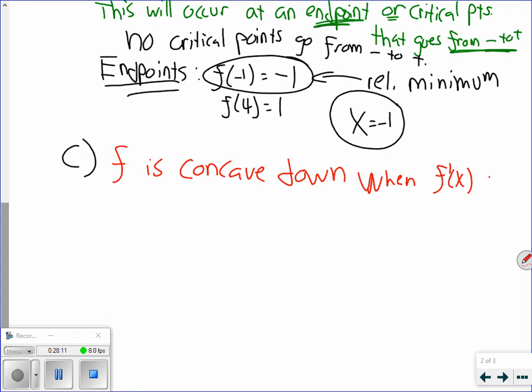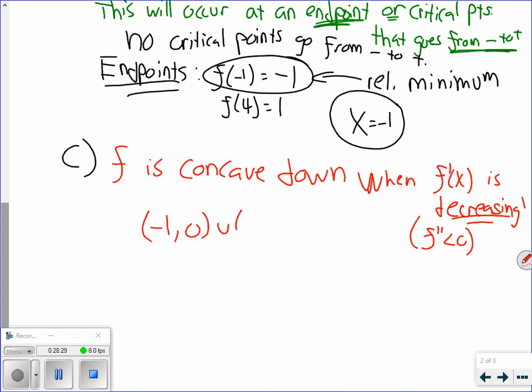A better way of saying that is decreasing. A negative slope, that's the same way of saying that f double prime is less than 0. Okay? And we already showed that on the graph. That happens between -1 to 0 and from 1 to 3.